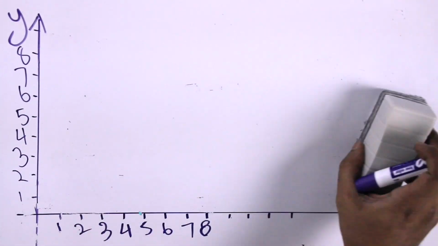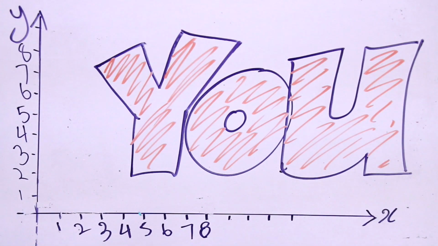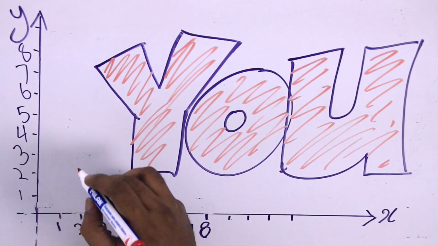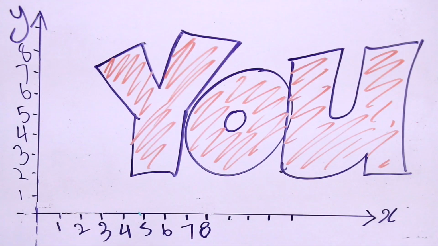So, how about you grab your graph paper and try to draw the line y is equal to negative 2x minus 1. How about you try to pause the video, and we'll wait for you, don't worry. Go and draw the line, and then when you press play, we will show you what the line looks like.